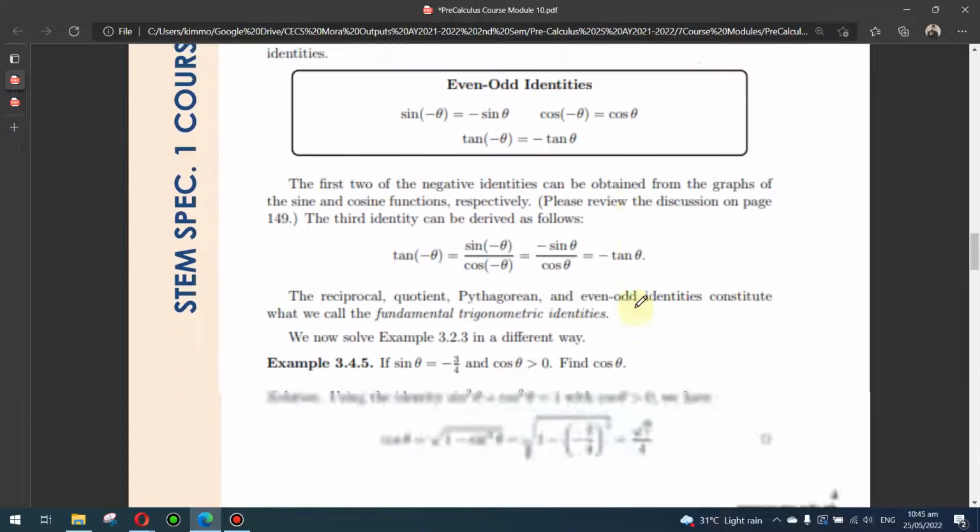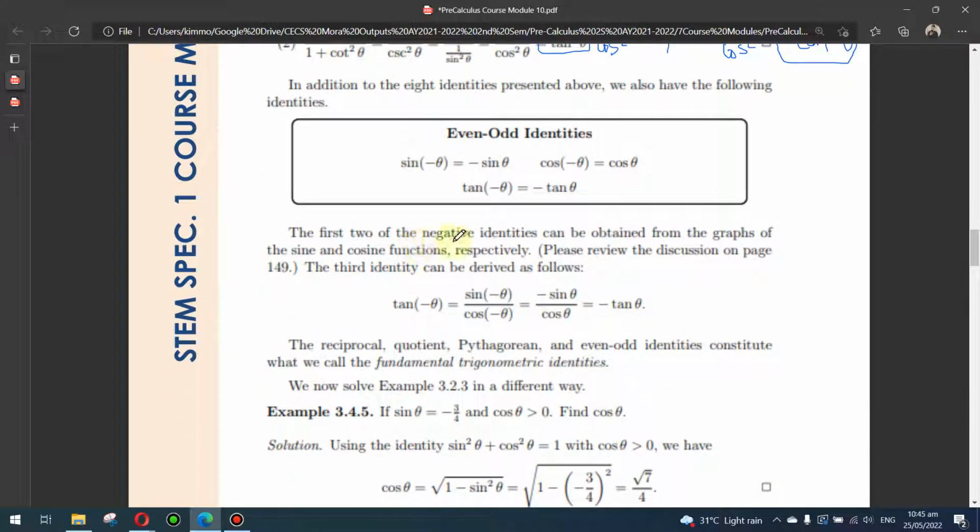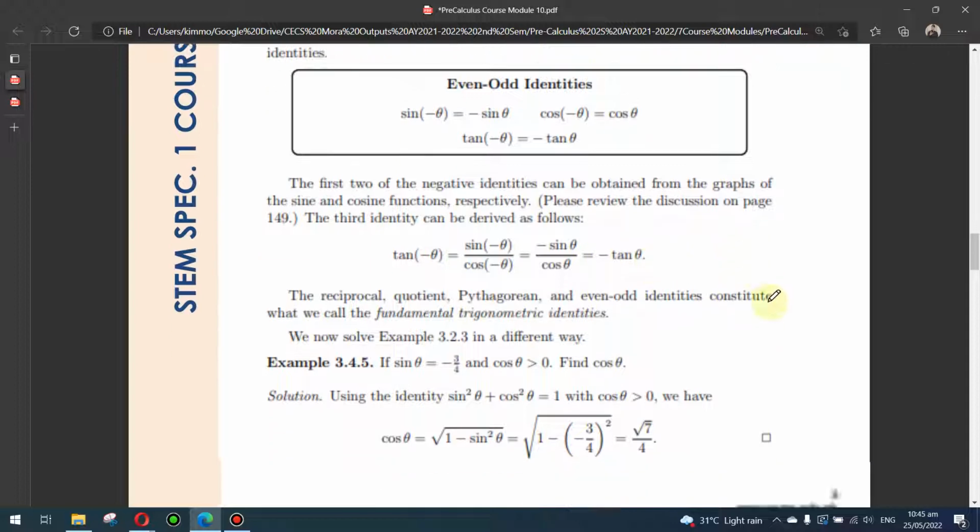Okay? So the first two of the negative identities can be obtained from the graph of the sine and cosine function respectively. And the third identity is what we just said: sine of a negative angle is negative sine theta, cosine of a negative angle is equal to positive cosine theta, and sine over cosine is tangent, so we have negative sine here.